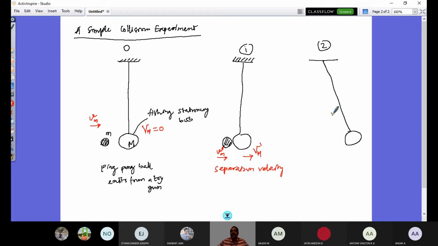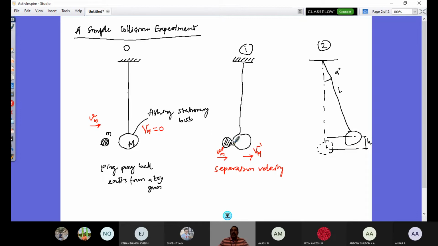The displacement, to understand, let's call this length L and this angle alpha degrees, right? And from its original position, somewhere here it was, that has gone to this position. So the mass center has been displaced now by a height h.